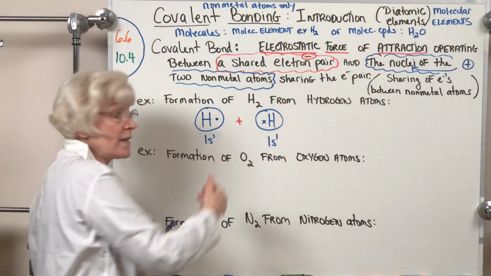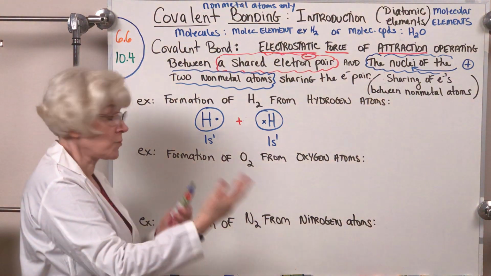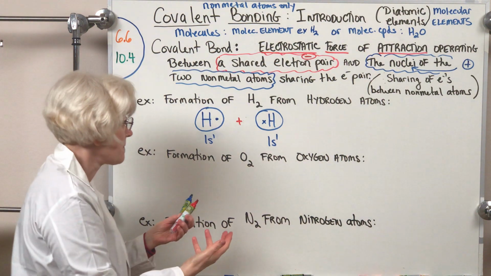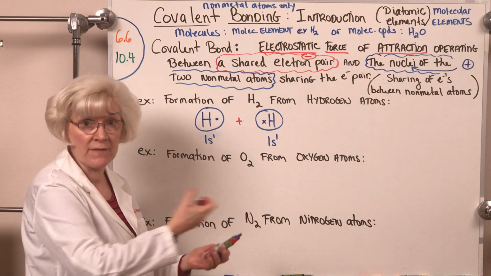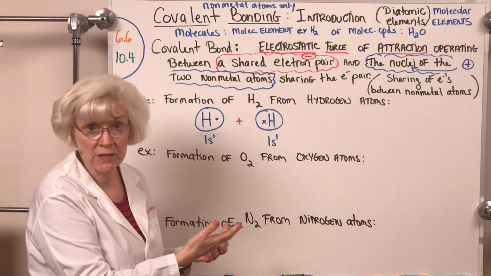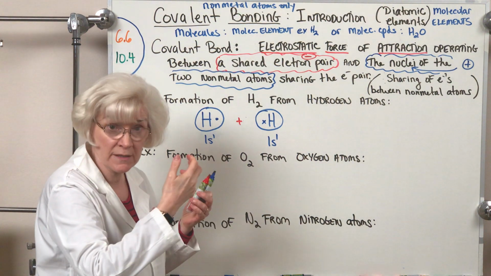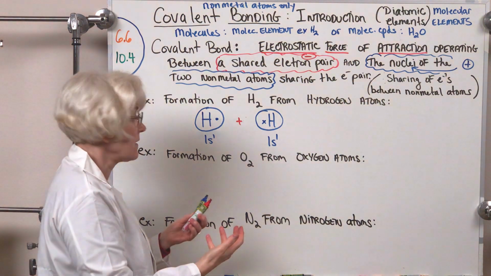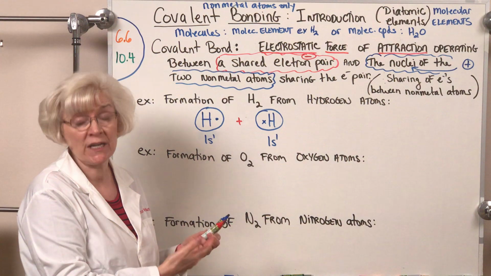Can either one of them transfer an electron to the other? In other words, does one of their nuclei have the ability to pull the electron more closely to itself and just steal it, take it? Well, that can't be what's going on here.